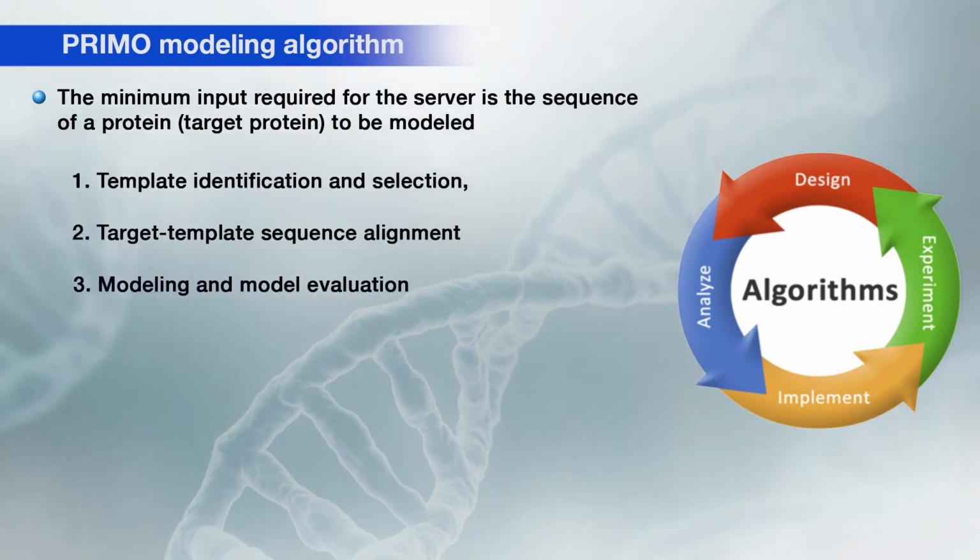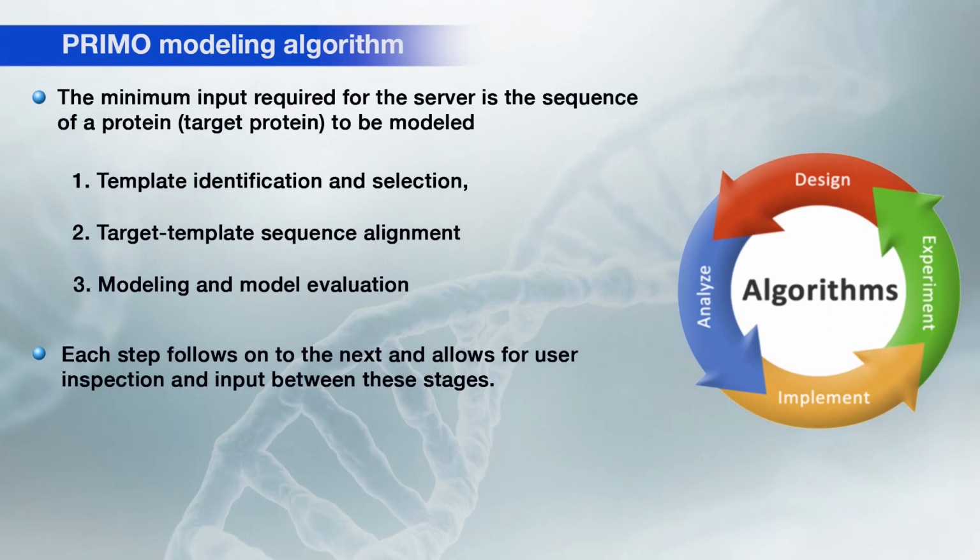Thereafter, the process is divided into 3 steps. First is template identification and selection, second is target template sequence alignment, and third is modeling and model evaluation. Each step follows on to the next and allows for user inspection and input between these stages.